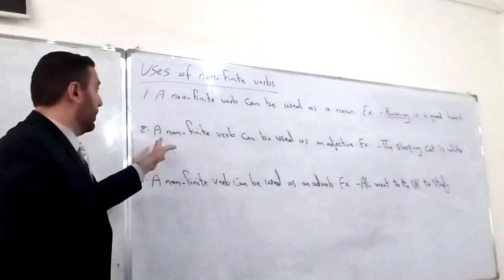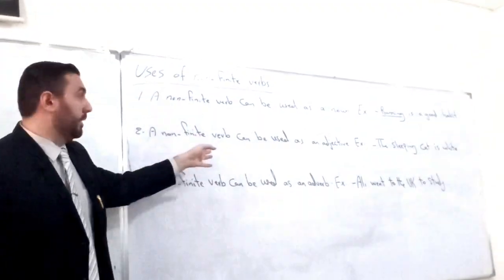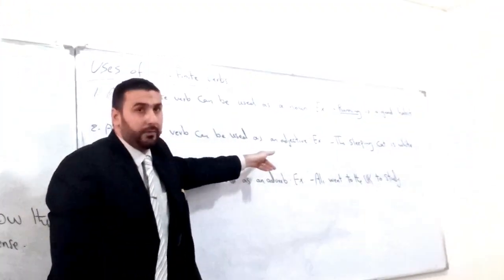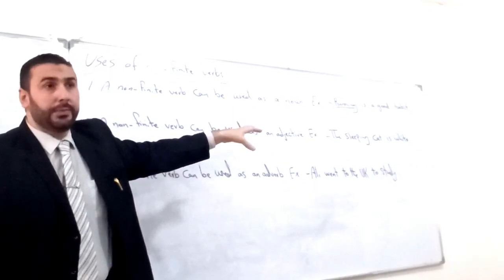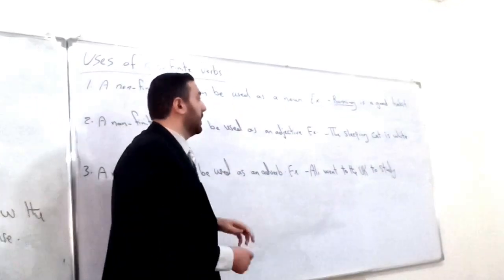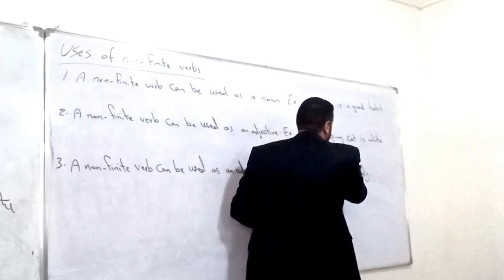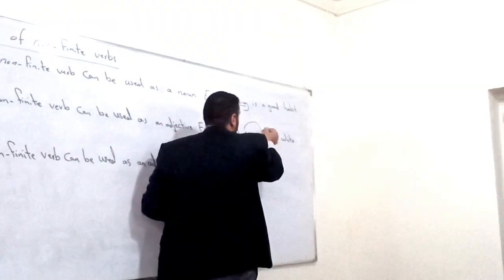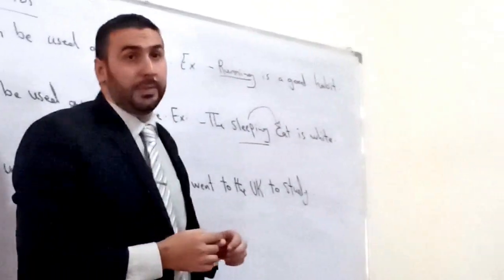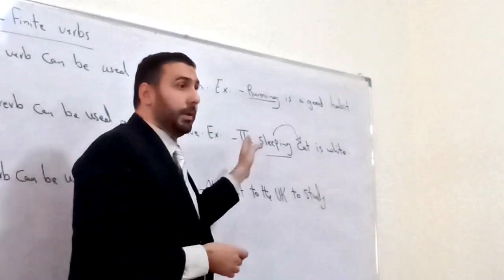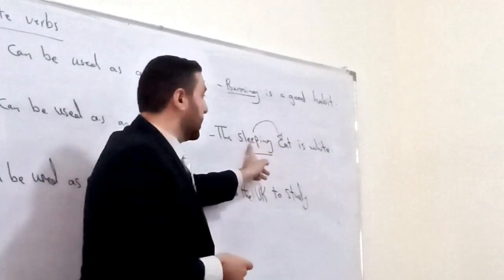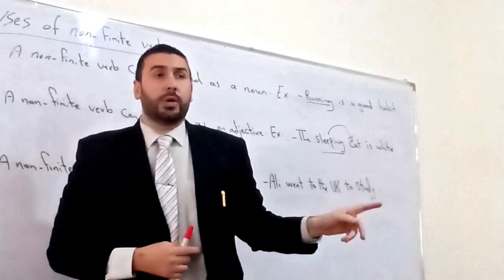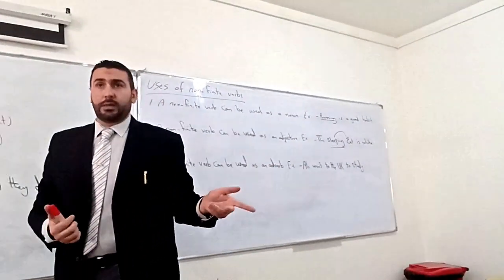Number two, a non-finite verb can be used as an adjective. For example, the sleeping cat. Here, sleeping is modifying the noun cat. The sleeping cat is white. So sleeping is an adjective.